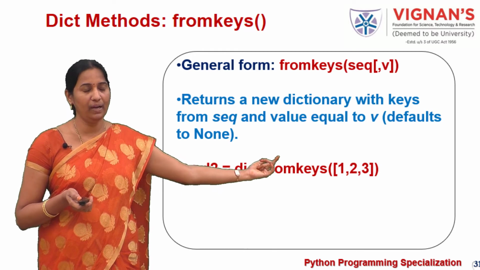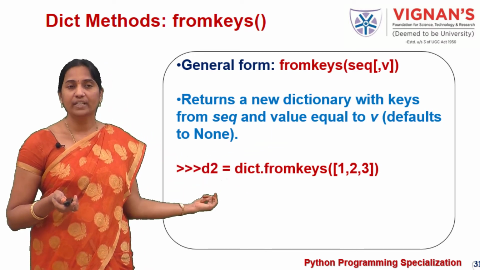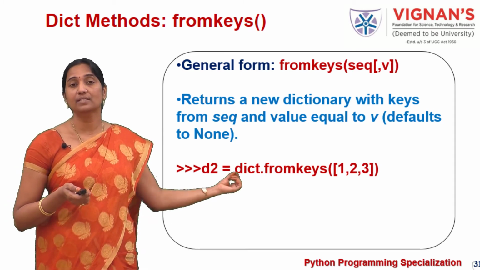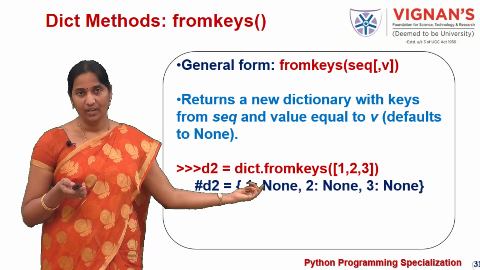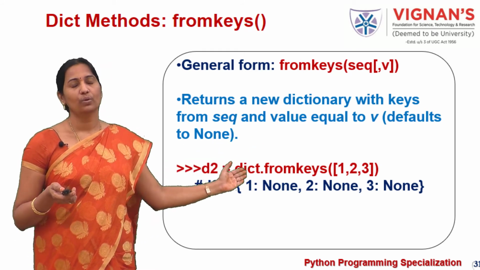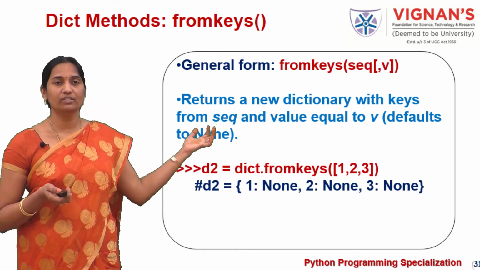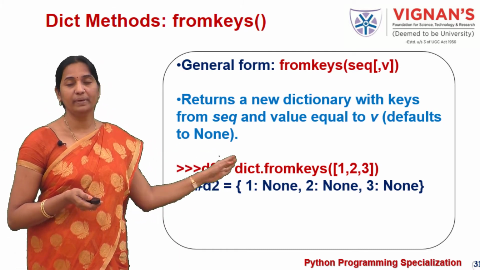Here in this example we are passing 1, 2, 3 as the list, and D2 will be created with all these 3 values as the keys. Because you are not passing the second argument, that is v, the values will be considered as None.